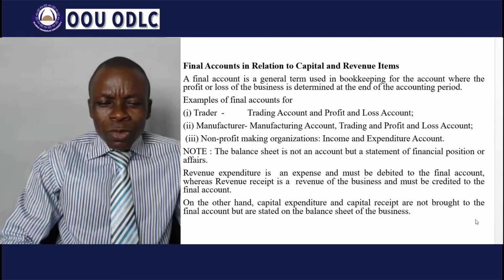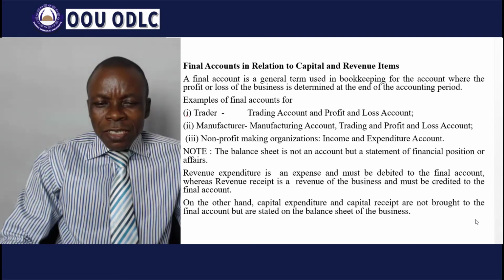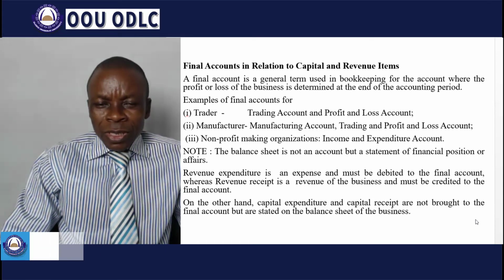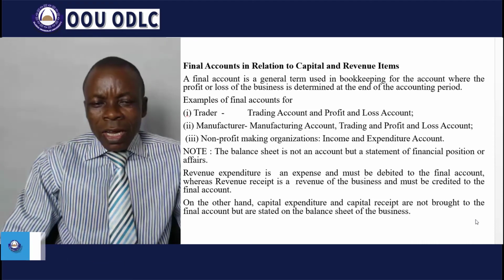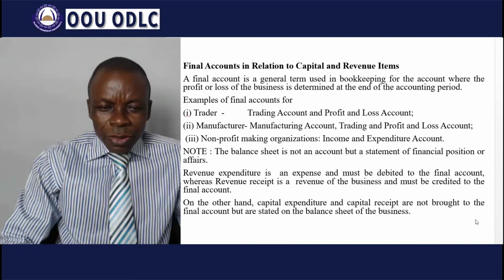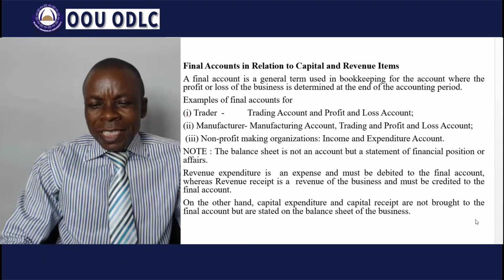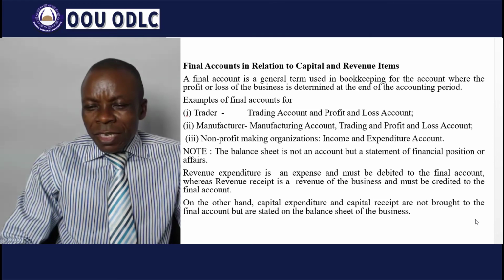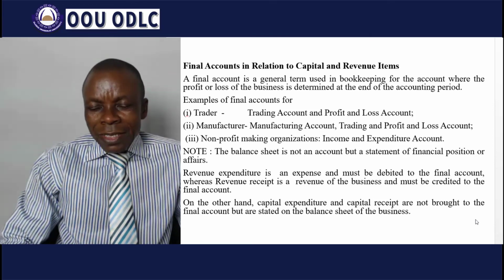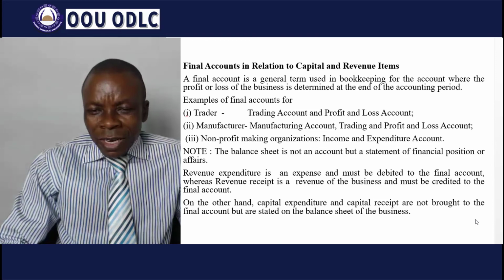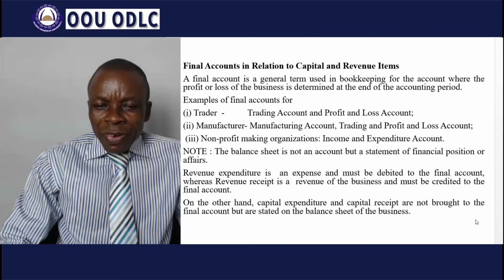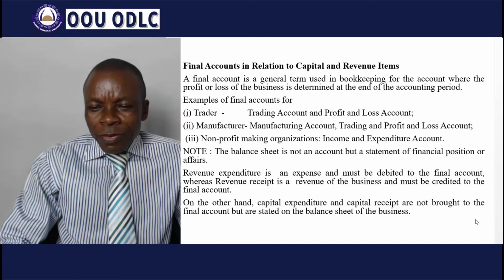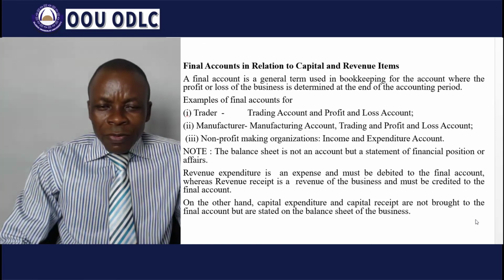Now, how would revenue expenditure and revenue receipts be treated in the case of the final accounts mentioned here? That is the account of the trader, the manufacturer, and the non-profit organization. Revenue expenditure is an expense and must be debited to the final account, right? Debited to the trading profit and loss account in the case of a trader, debited to the manufacturing account or the trading profit and loss account in the case of a manufacturer.